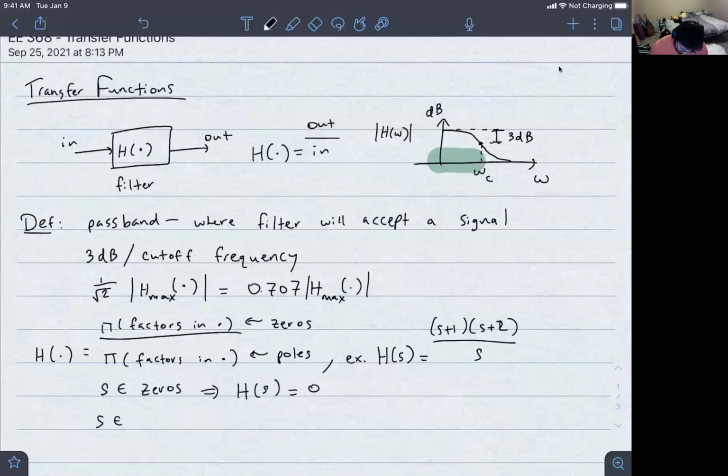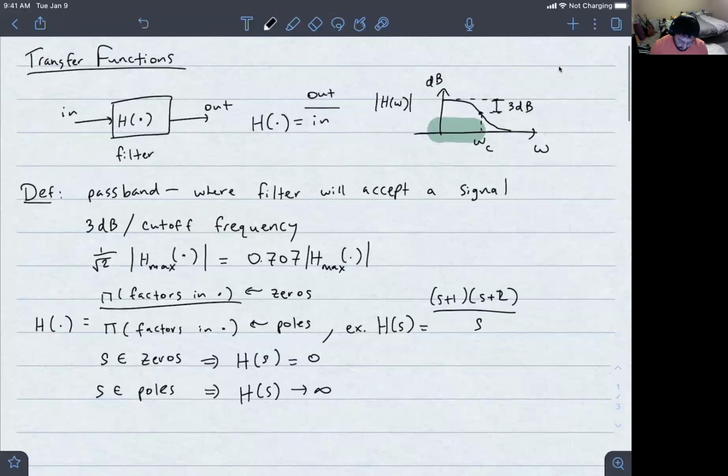And then whenever we take s in the set of poles, that is, we evaluate our transfer function where s is at the value of a pole, so in this case s equals 0, then our transfer function approaches infinity, right?